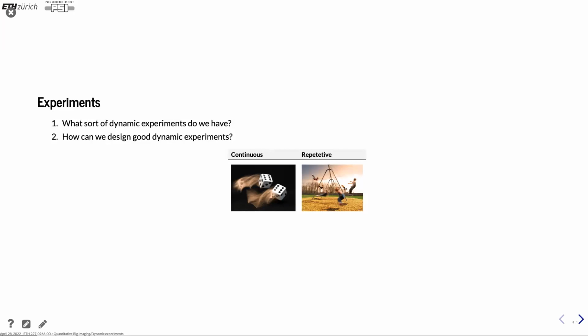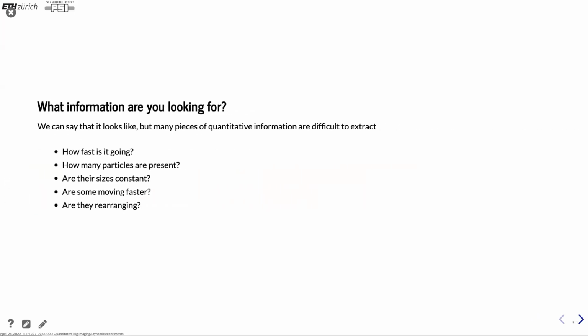You have different approaches for how to work with these kinds of experiments. So which information would you be looking for in a dynamic experiment? One thing is, of course, how fast is something moving, or how many particles are present at a certain time during the experiment. It could also be if you're checking sizes of the objects. Then we go back to all the labeling and feature extractions from these items.